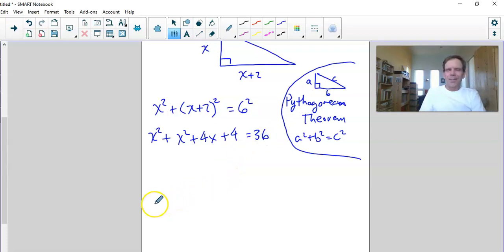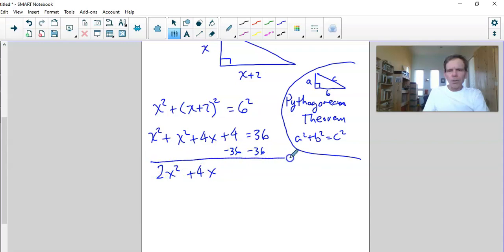There we go. Now let's clean this up. We have 2 x squareds, so I can write 2x squared plus 4x. I need to get everything on one side. What if we take away 36 from both sides? That'll give us minus 32 on the left and nothing on the right side.